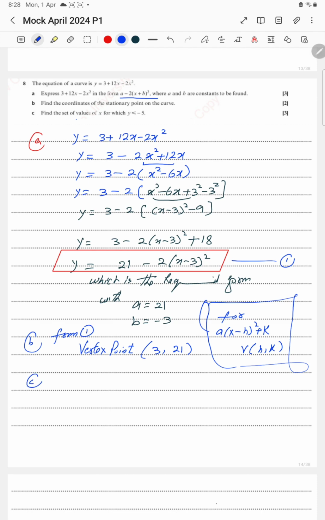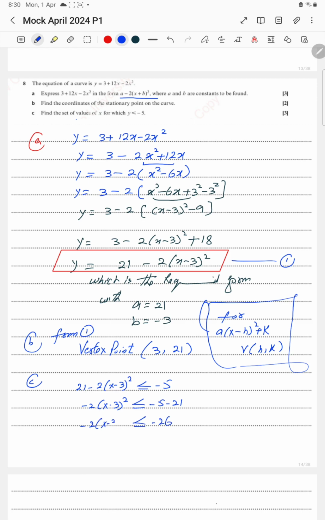C part: find the set of values of x for which y is less than or equal to minus 5. So for the C case, y is less than or equal to minus 5. Y we have already calculated as the final equation, 21 minus 2 into x minus 3 whole square is less than or equal to minus 5. We can simplify: minus 2 into x minus 3 whole square less than or equal to minus 5 minus 21, that is minus 26.